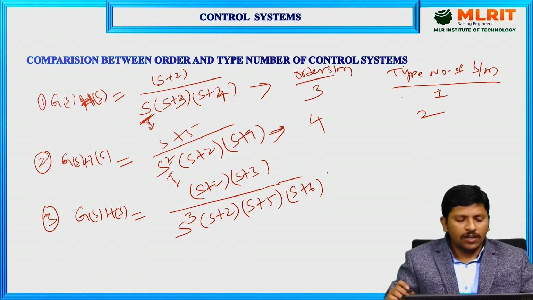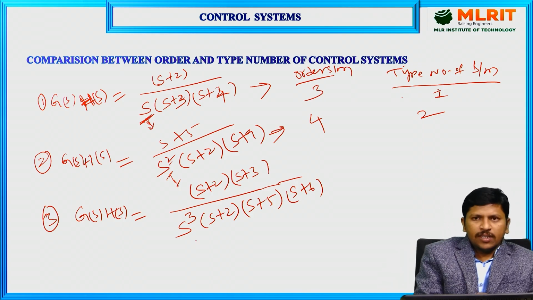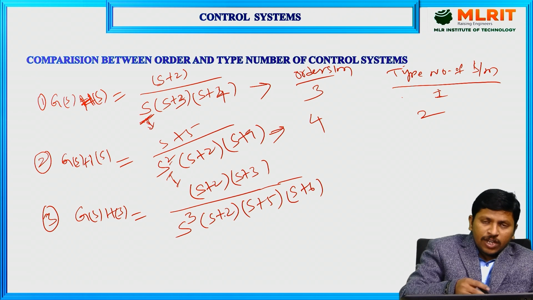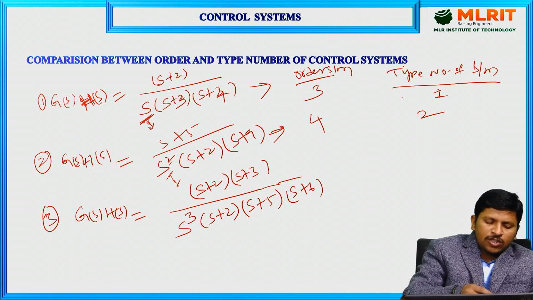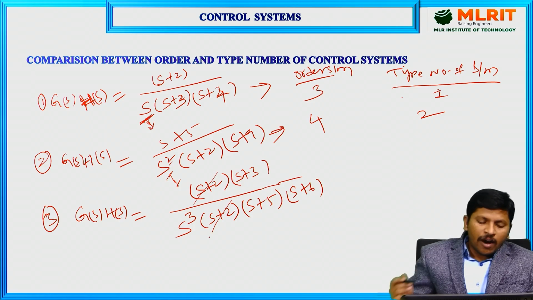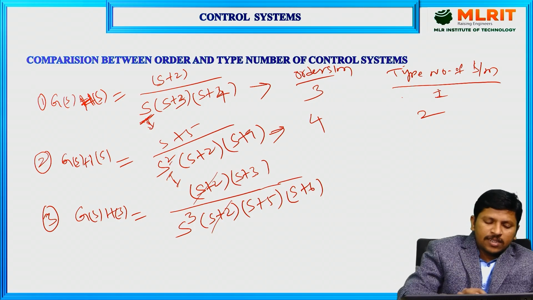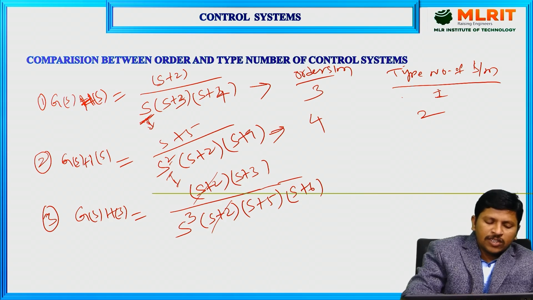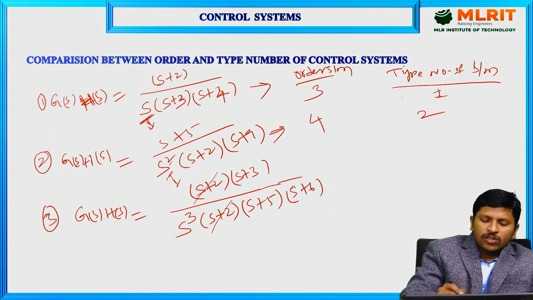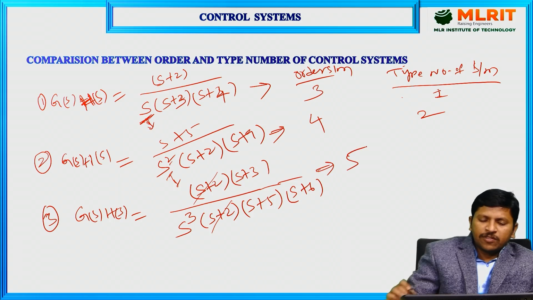Here, order is the maximum power, right? Observe: the numerator polynomial has the term s+2 and the denominator has s+2, both are the same, so this term is going to get cancelled. After that, we have (s+3) divided by s cube, (s+5), (s+6). The maximum power is s cube, and one more is s power of 4, one more is s power of 5. So order is 5, a fifth order system.